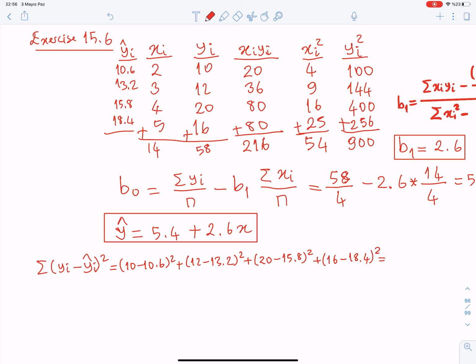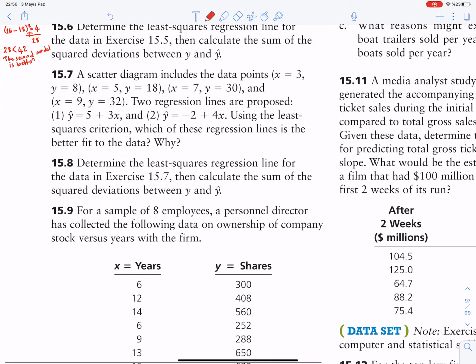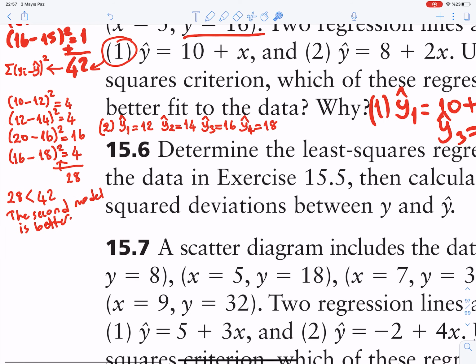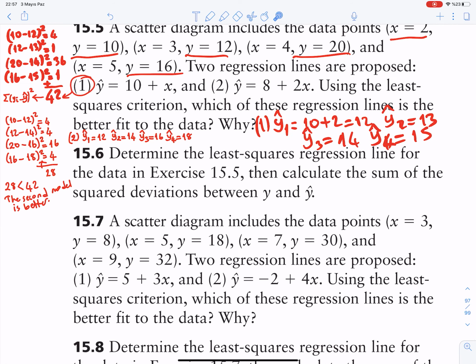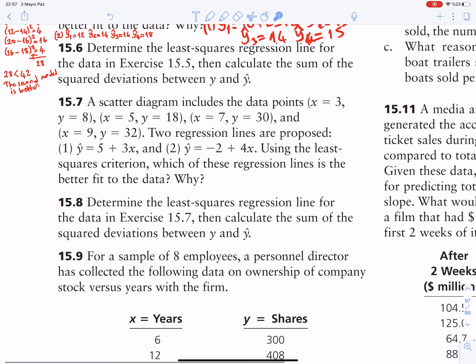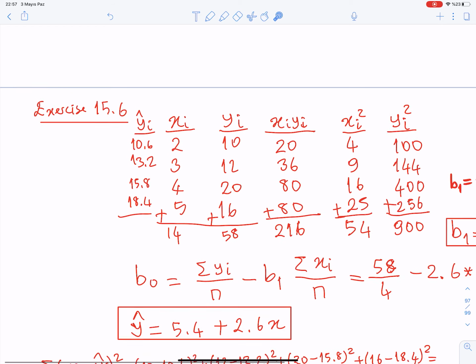I'm expecting this to be even smaller than 28. The second model was better, but our model will be even better because the square distance from the prediction will be smaller.